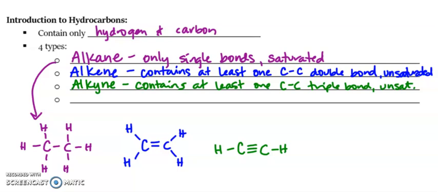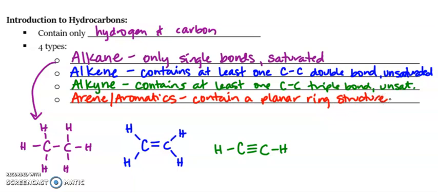All right, so the last one is what we call an arene, or you'll also hear them called aromatics. And you should know both words. These are hydrocarbons that contain a planar, meaning flat, ring structure.